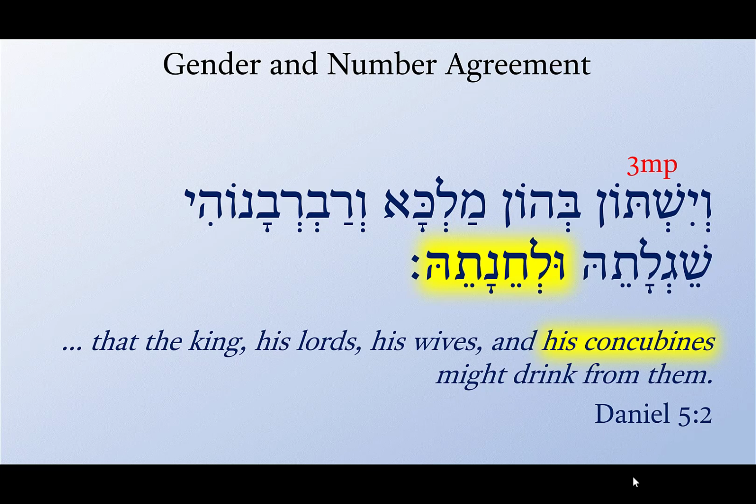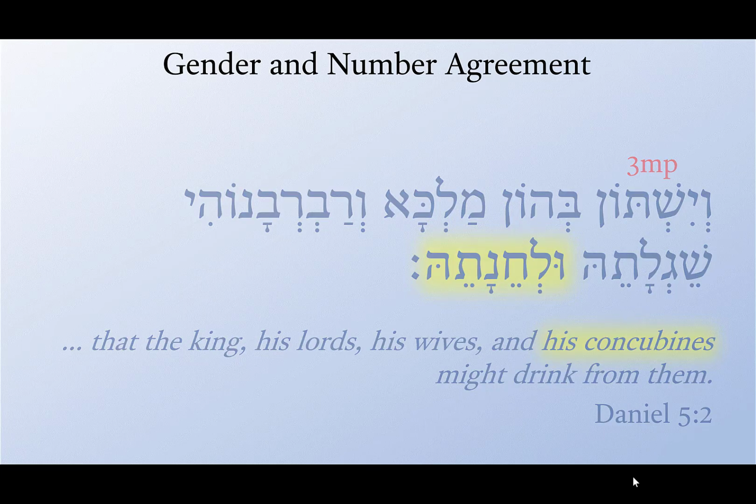So when you have a mixed group of men and women, as is the case right here, the natural choice for subject-verb agreement in a they kind of sense, third-person plural sense, it's going to be masculine. So it's third-person masculine plural. So a list of a mixed group of genders that gets masculine subject-verb agreement and gets plural subject-verb agreement, just as we expect. So this is according to expectation.